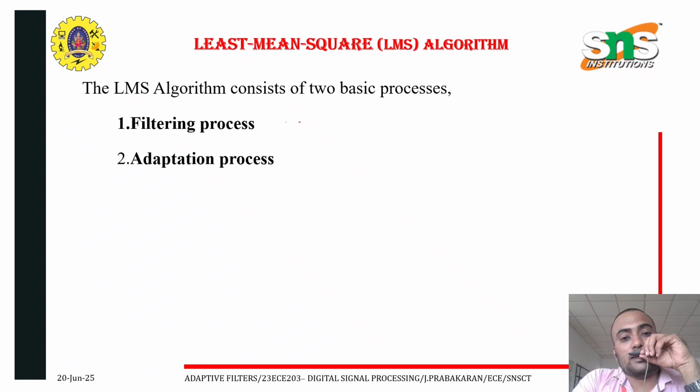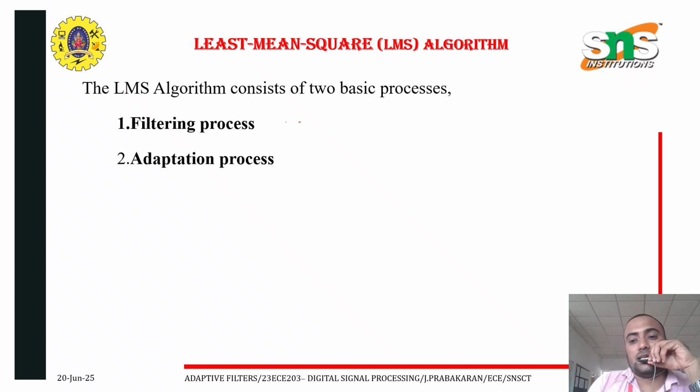The filtering process calculates the output of the FIR filter by convolving or multiplying the input and taps, and calculates the estimation error by comparing the output to the desired signal. This is the filtering process. The second is the adaptation process, which adjusts the tap weights based on the estimation error.